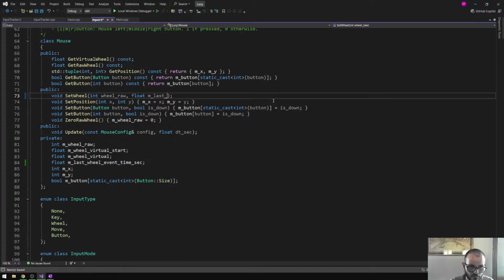Last wheel event, so current uptime second.